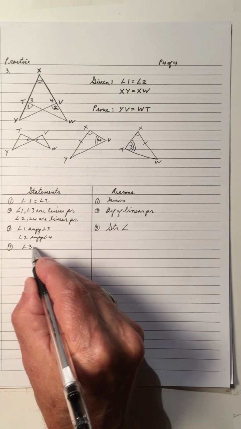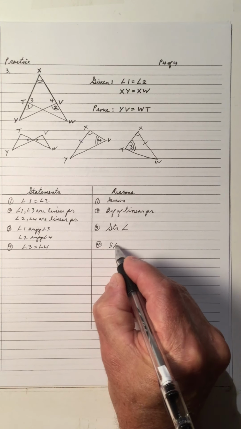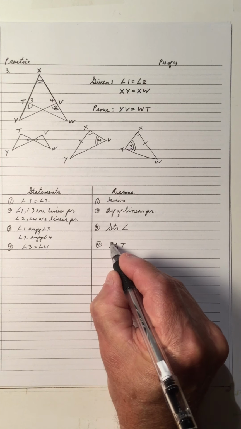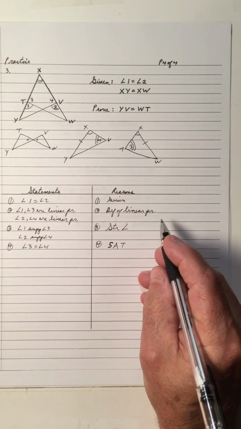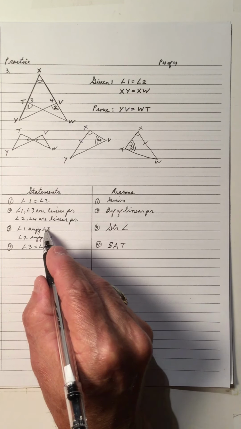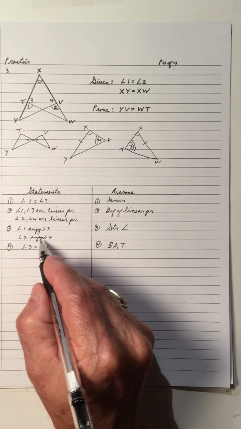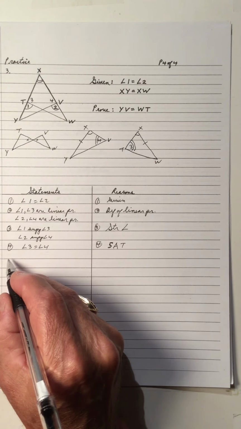Therefore, angle 3 equals angle 4. It's called the supplement angle theorem, SAT. These are supplementary, these are supplementary, supplements of congruent angles. These angles are equal because they're supplementary.